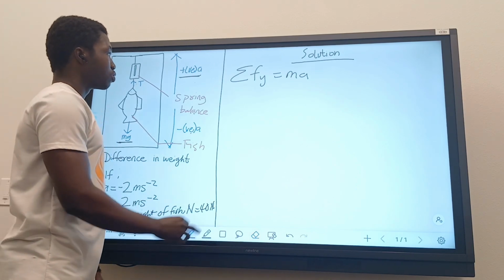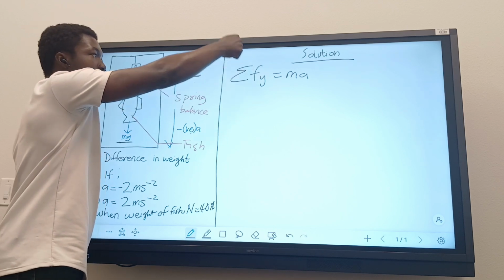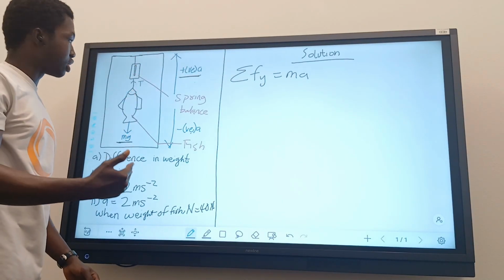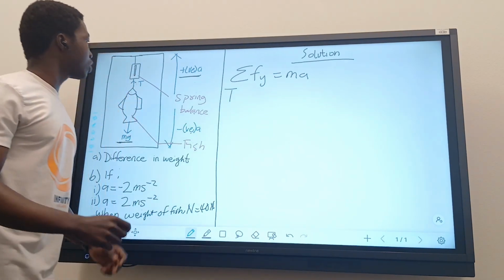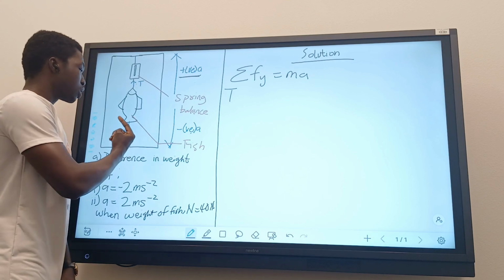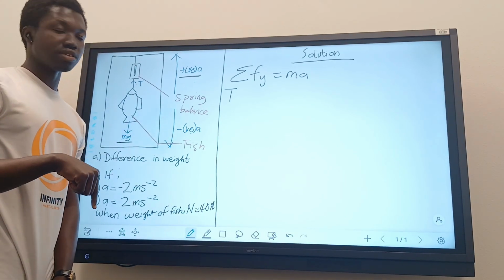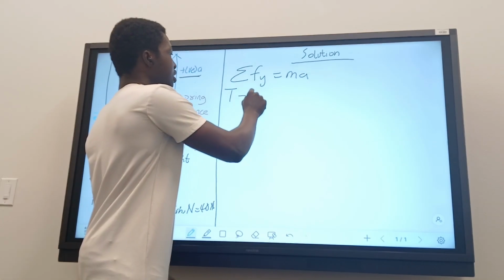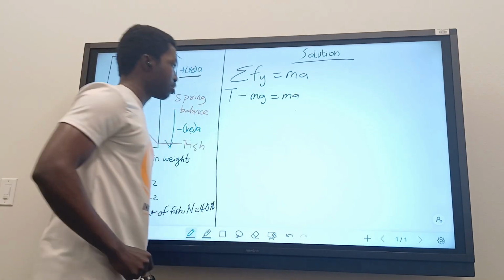Good. Now we check the sum of the forces acting in the y direction. We have the tension of the string T, which is acting upwards, in the positive direction. And we have the weight of the fish, mg, which is acting downwards, so it will be in the negative direction. So T minus mg is equal to ma.